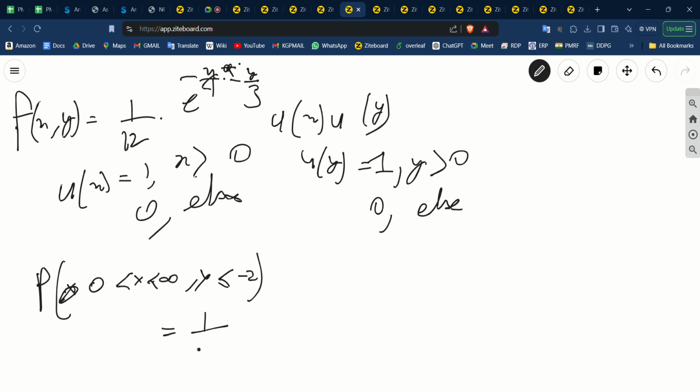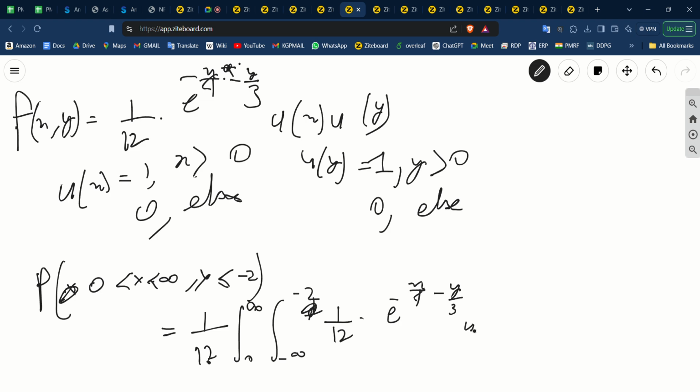Here 1/12, integration 0 to infinity, integration -infinity to -2, 1/12 e^(-x/4 - y/3). u(x) is 1 because x is positive, whereas u(y) is 0.